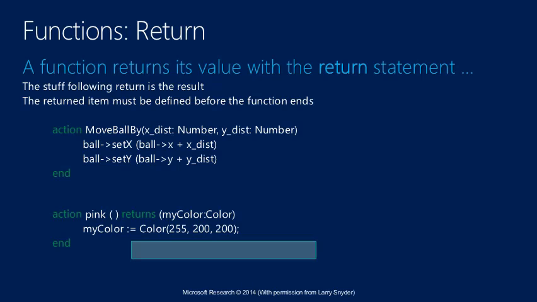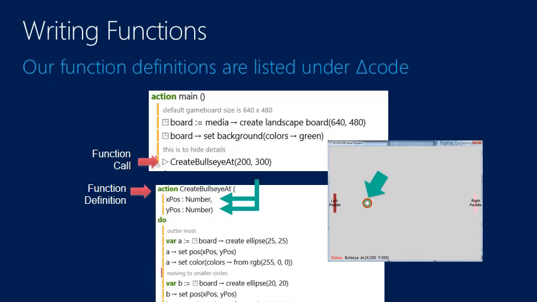So for this example, we are returning my color, and it's of type color. And so before we complete our program, we actually need to set my color to equal something. We need to initialize the value.